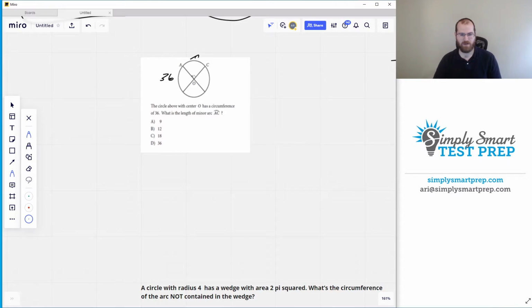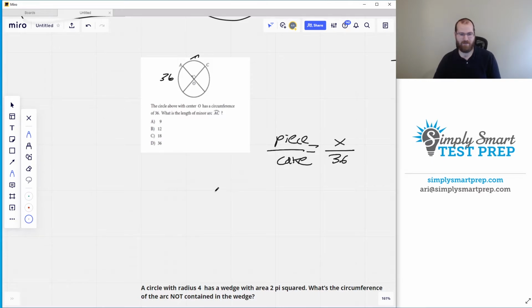So let me do piece over cake in terms of circumference. Well, cake is given explicitly as 36, and we're trying to find this AC, so that's going to equal x. So I need to figure out what the magic proportion is, what piece of cake is in this problem, and I have two ways to do that.